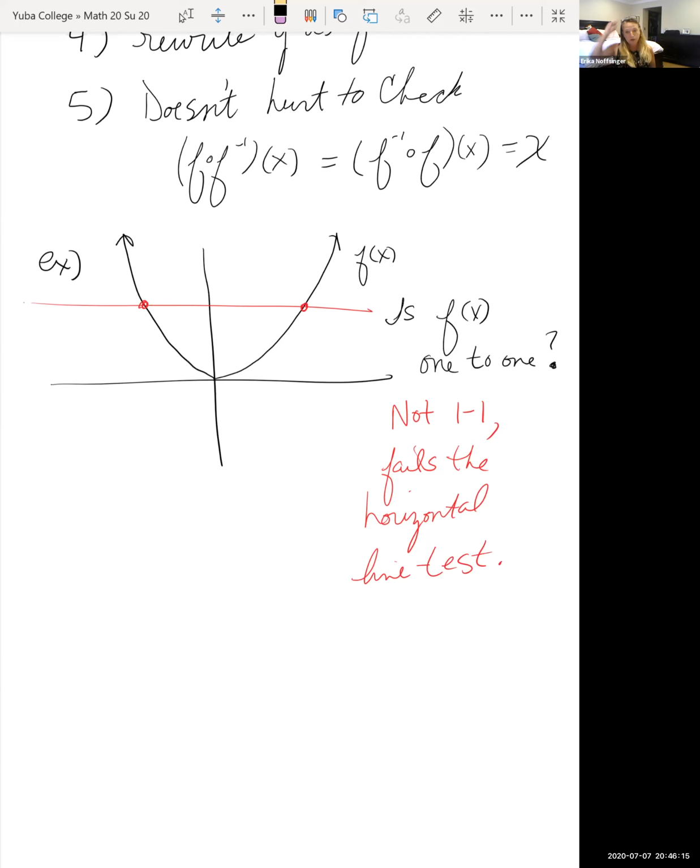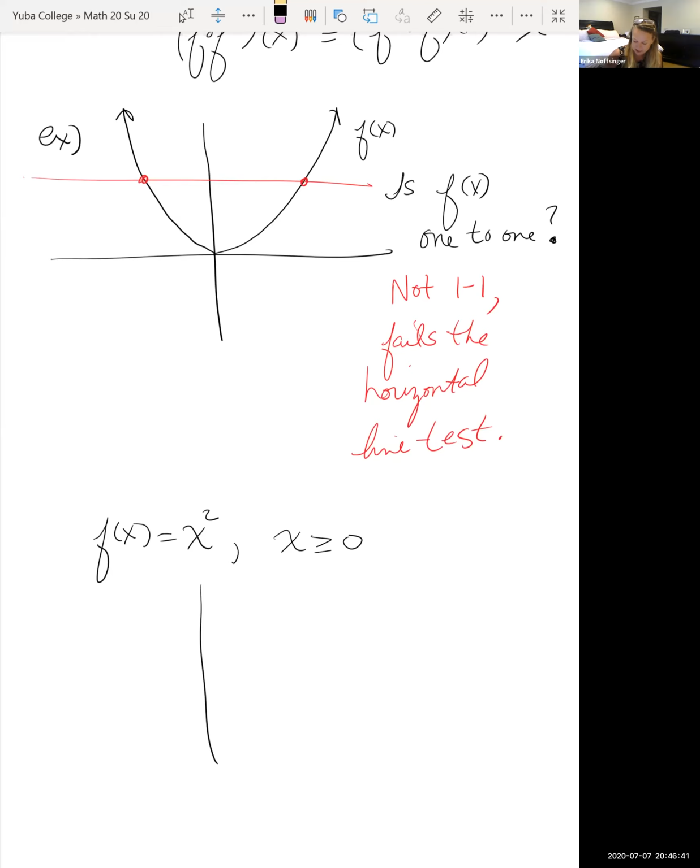So sometimes when functions are not one-to-one, we can limit the domain and make it a one-to-one function. So if you had f of x equal to x squared, and we set a restriction and say x has to be greater than or equal to 0, if you look at the graph of that, that's just the right-hand part of the parabola shape.